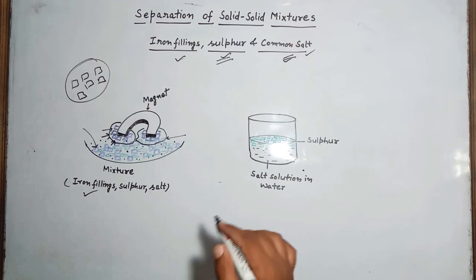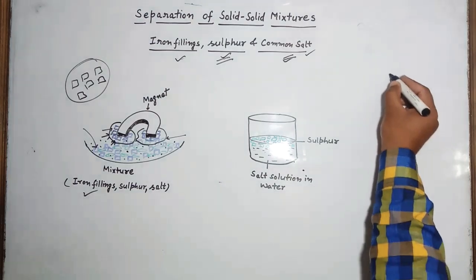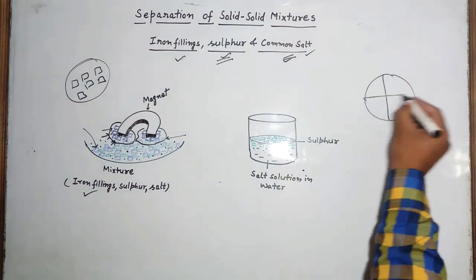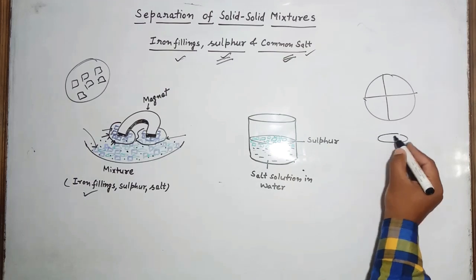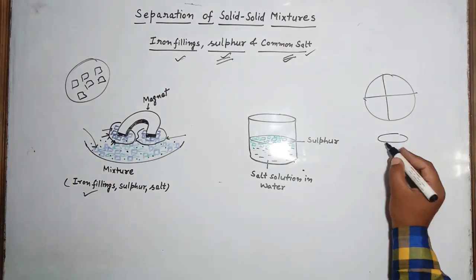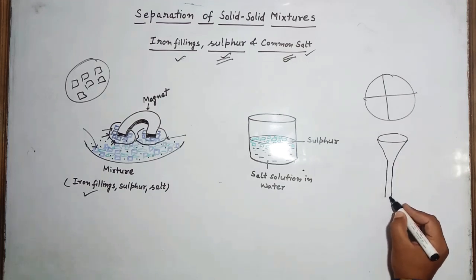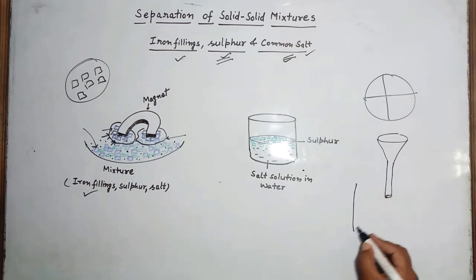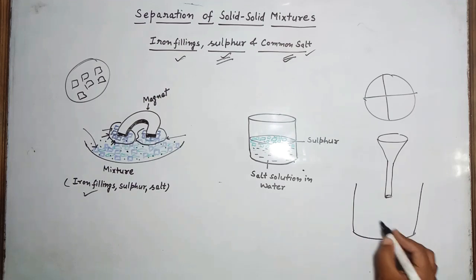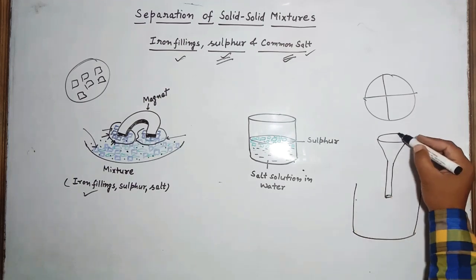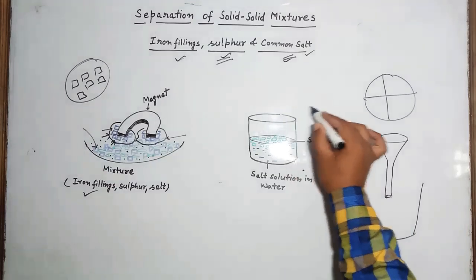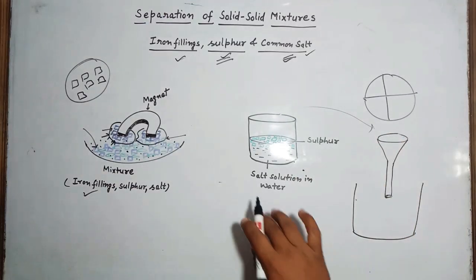So what we can do, we can take a filter paper. After folding it like this in a conical funnel, we will put the filter paper in this, and one beaker we can take like this one. So we will put the filter paper here, and then we will pour this solution here.